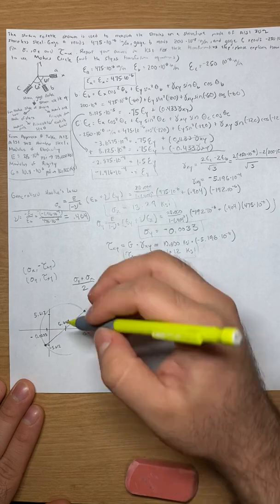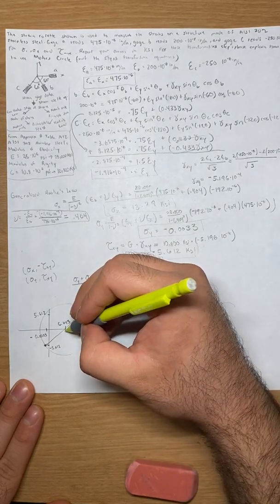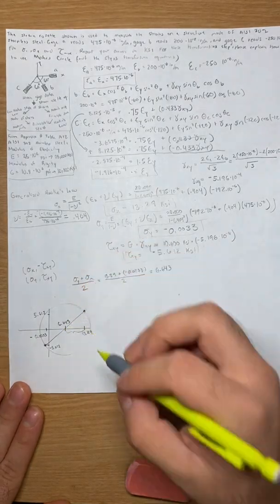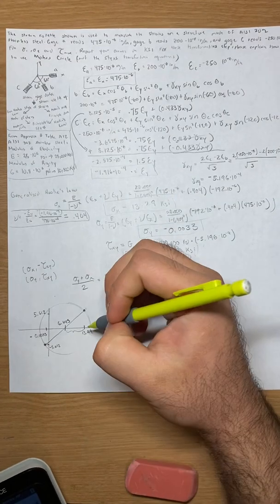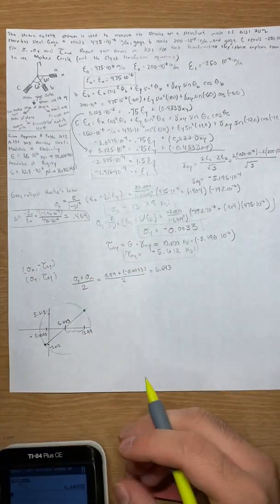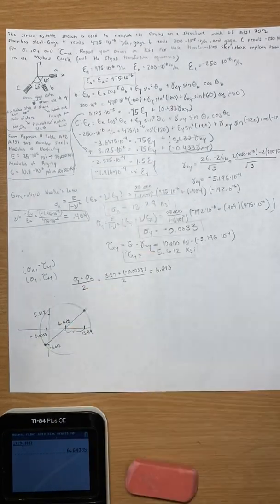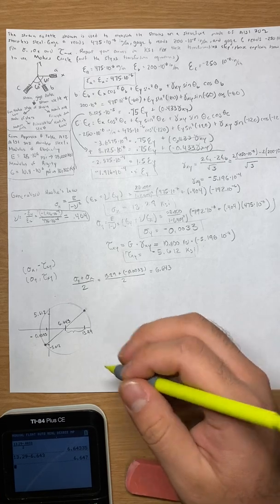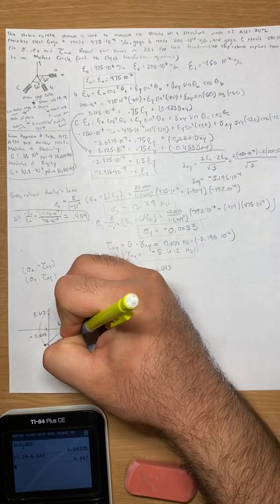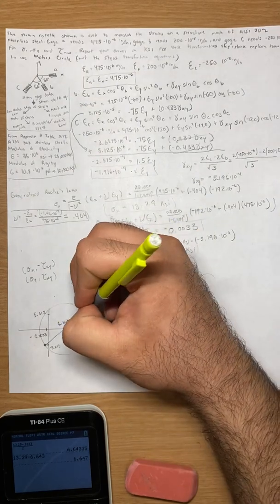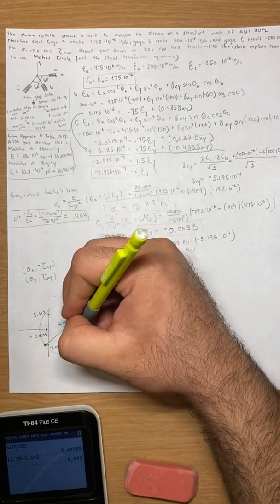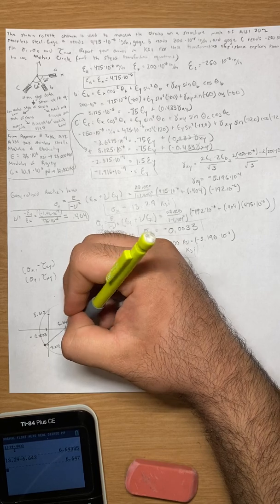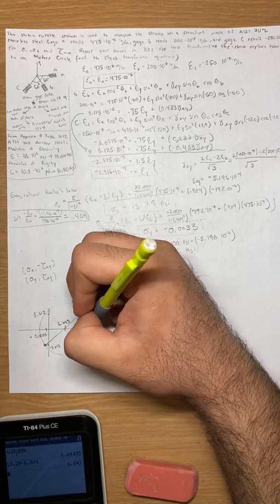So now that I know my midpoint, I need to know what this distance is. So I'm going to subtract this number by this number. So 13.29 minus 6.643. This is a value of 6.647. So I know my x, and my y.